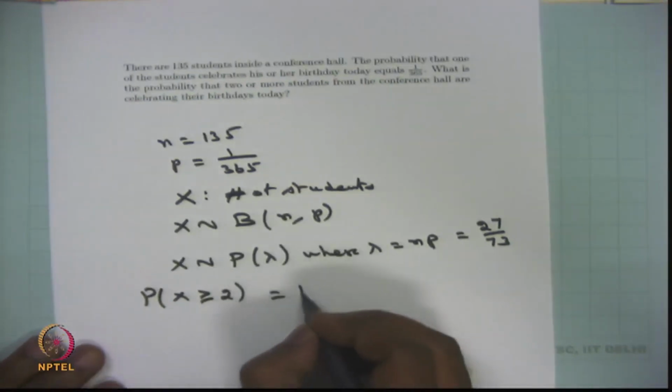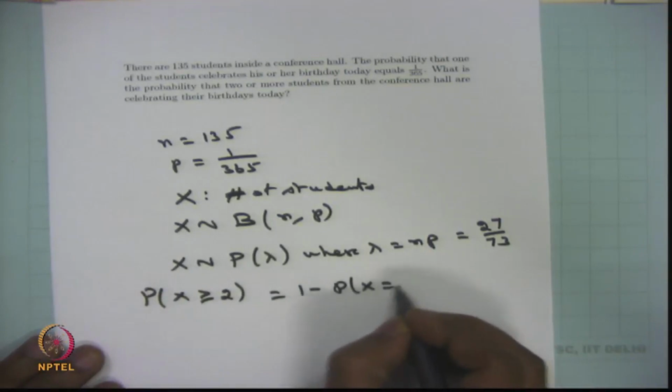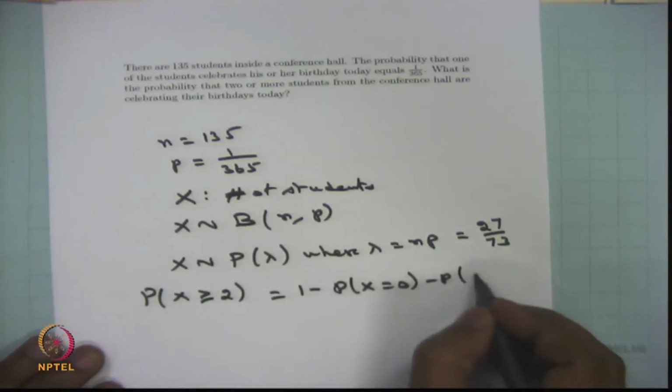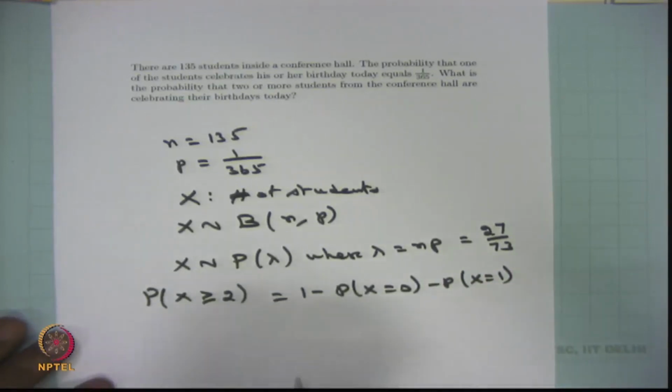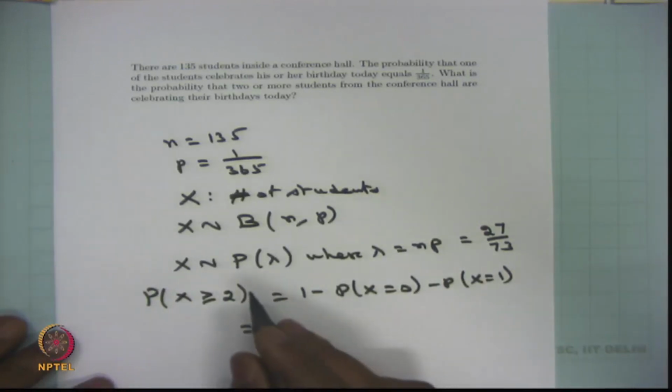The other way is 1 minus the probability of X equal to 0 and the probability of X equal to 1. This is easier than finding the other side, because the summation of probability is 1, therefore this is the same as this.